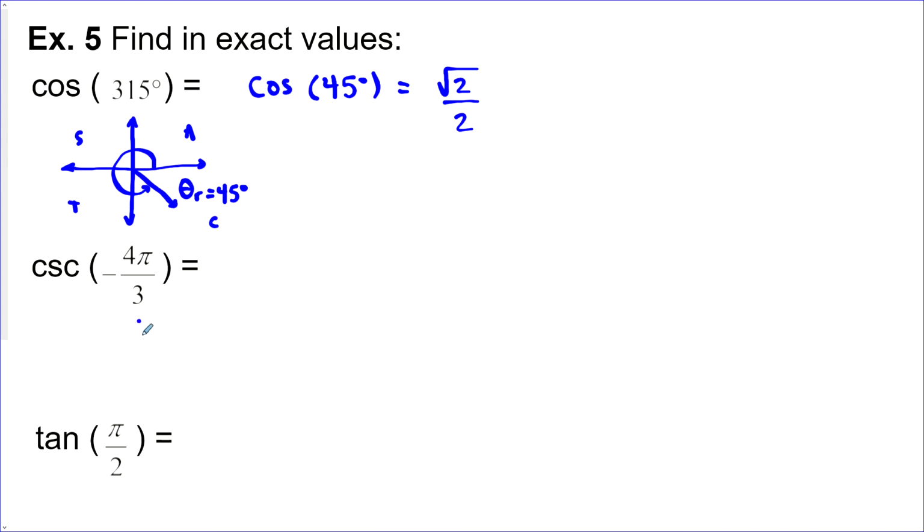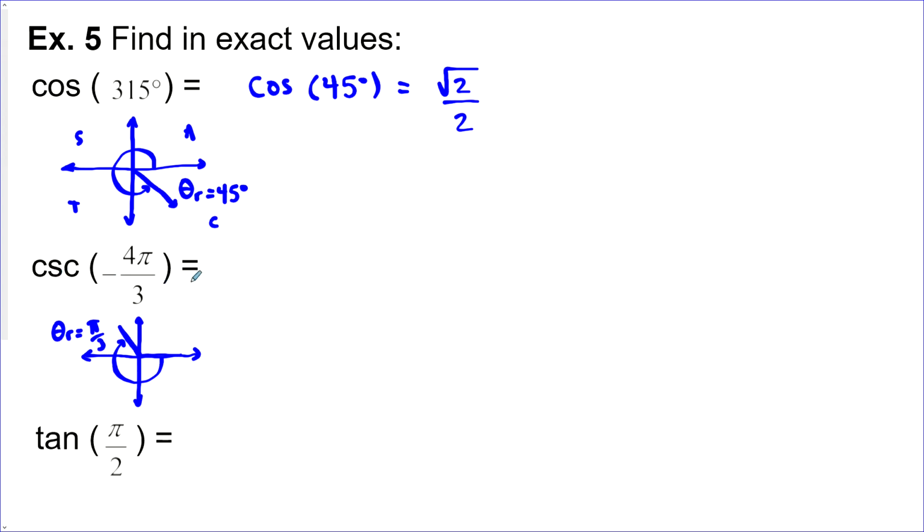Cosecant. Let's find that angle. -4π/3. Starting here, going clockwise this time is -3π/3, and one more is -4π/3. Something like that. Now that means the reference angle here is π/3.